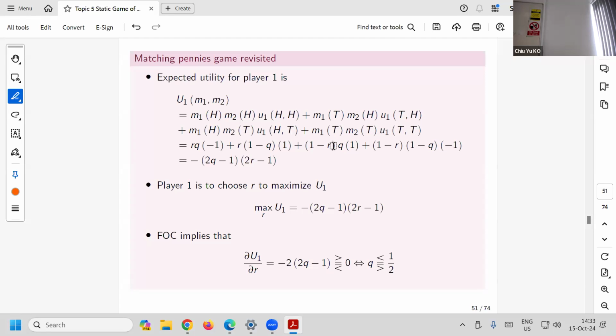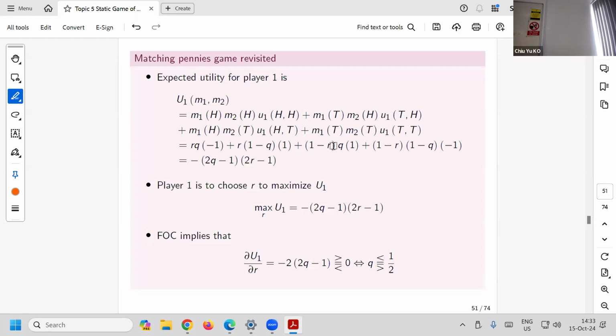R equal to 0, R equal to 1, the payoff is the same. If Q is less than 1/2, this becomes positive, which means you would want to increase R as much as possible. And if Q is bigger than 1/2, you want R as small as possible, because it's negative.